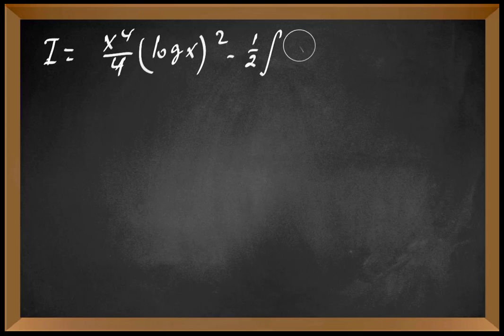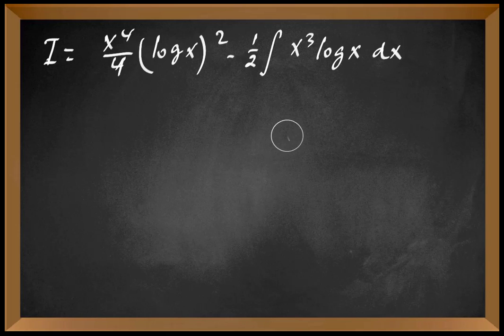So x to the power 4 over 4 times log x squared, minus 1/2 of the integral of x cubed log of x dx.